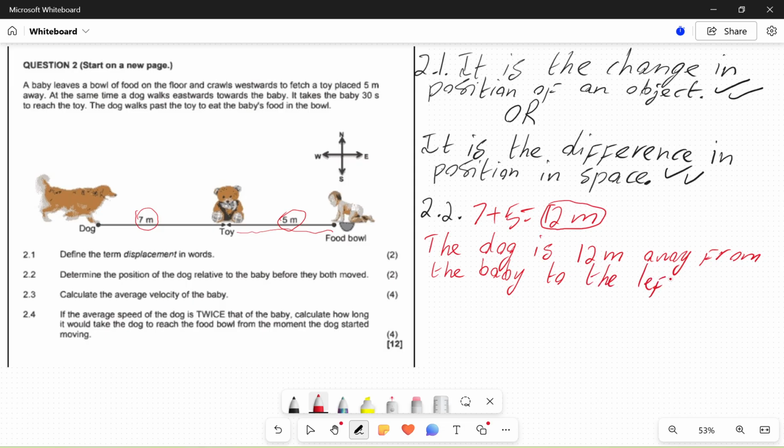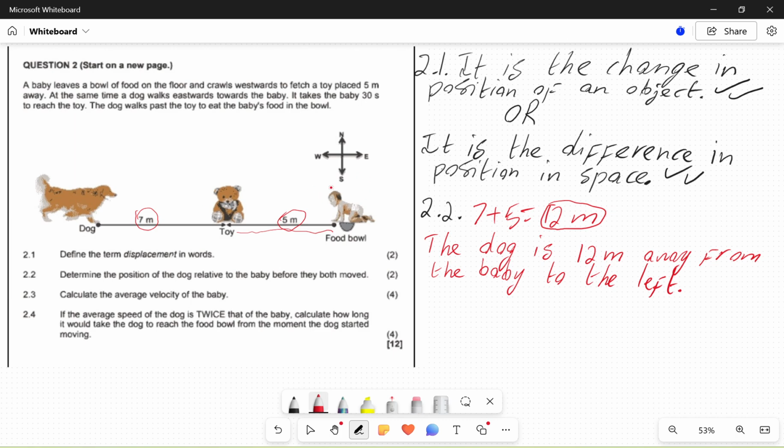The dog is 12 meters away from the baby to the left, because we see that we have this distance of 5 meters and then this distance of 7 meters. When we add the two, they give us 12, and we see that the dog is on the left hand side of the baby.